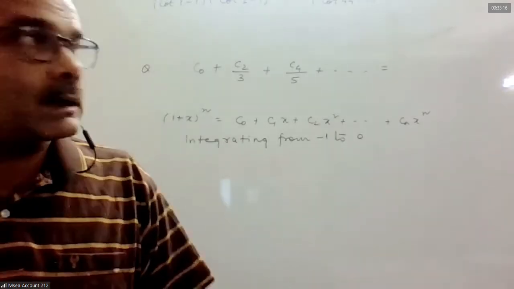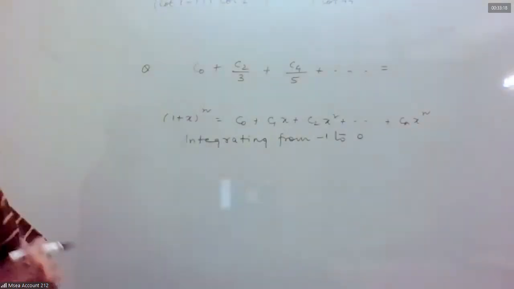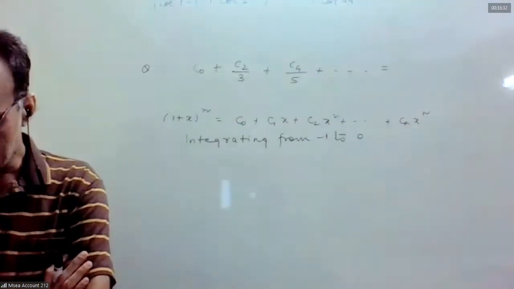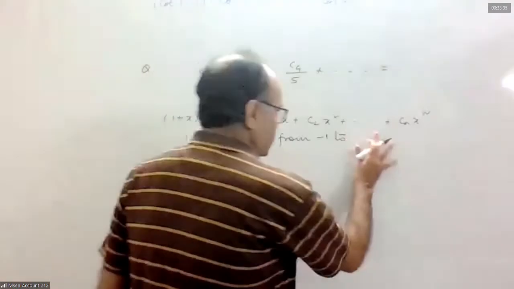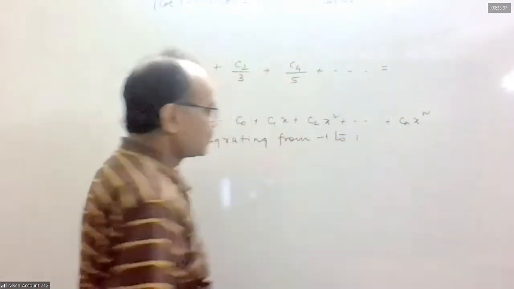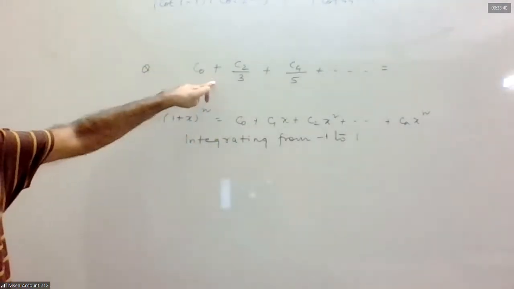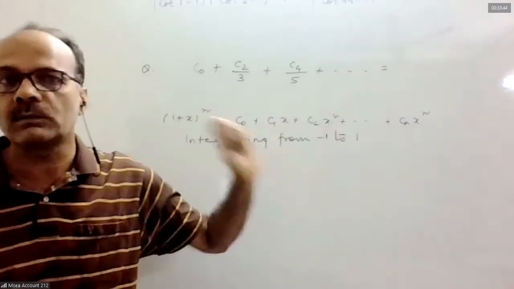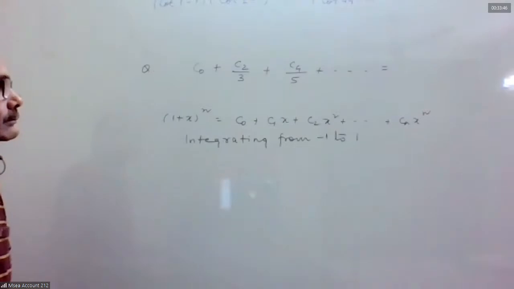So what should be the limit here? Quickly tell me. -1 to 1, sir. Correct. So for the odd C1x, this integration will be 0, and for C3x cube, that integration will be 0. Okay. Yes, sir.